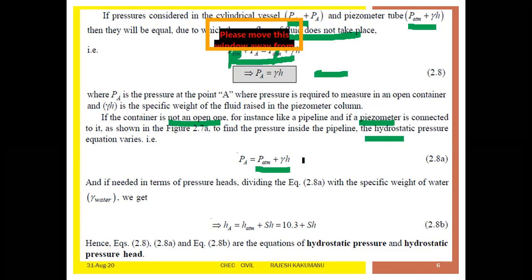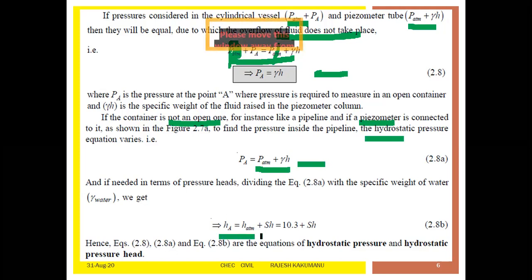Now if you are taking this as condition 2, and if needed in terms of pressure head, so pressure head మనం ముందు చెప్పుకున్న ఫార్ములాస్, dividing the equation 2.8A with the specific weight of water gamma water, then what is the derivation here?